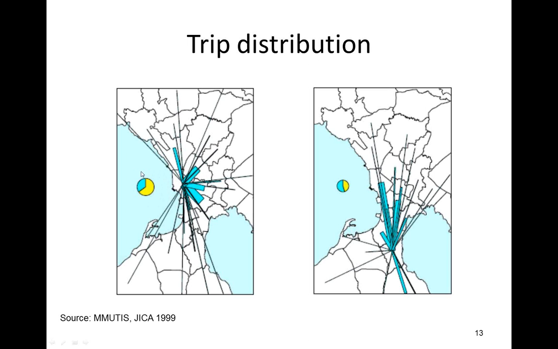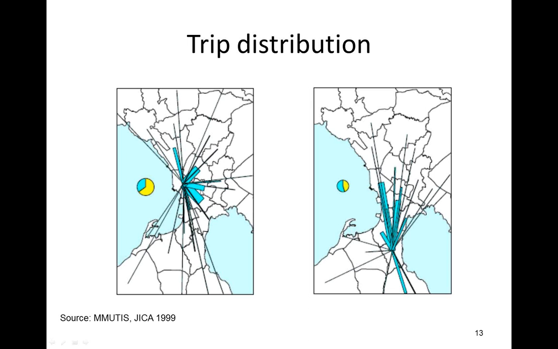The circles you see here are the proportion of intrazonal trips. So if trips are made within the same zone, that's the proportion here in yellow. And you can see here that trip distribution is actually based on two important considerations. The first one is the attractiveness of the destination.